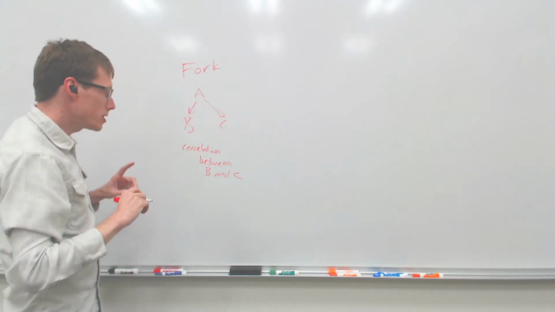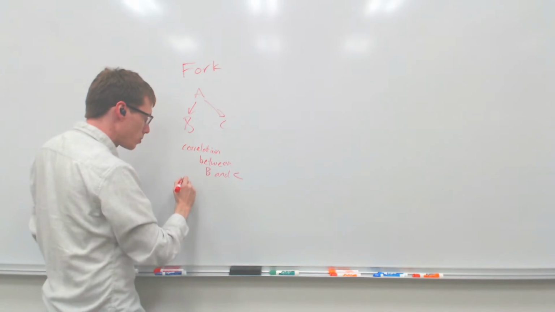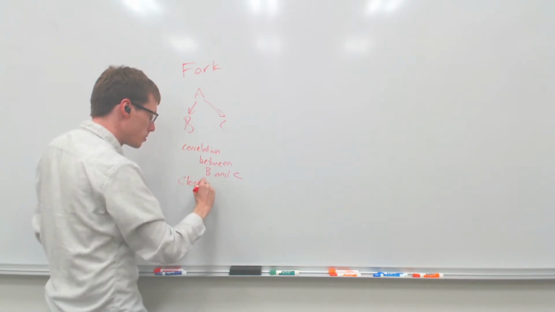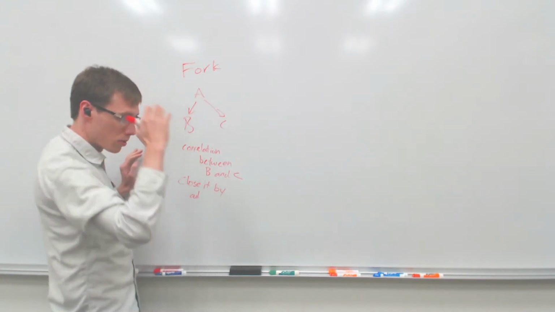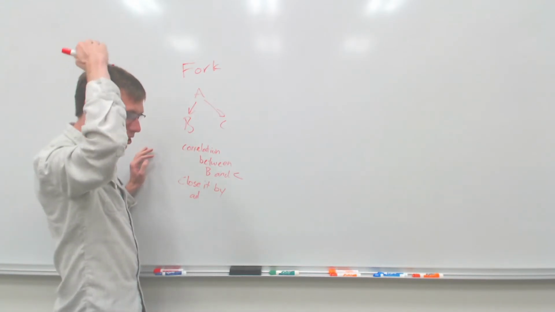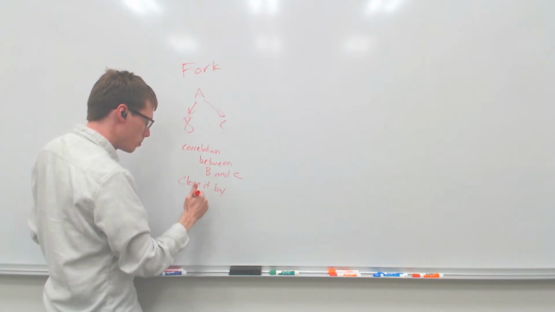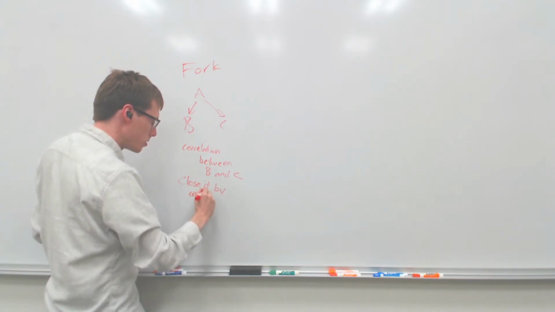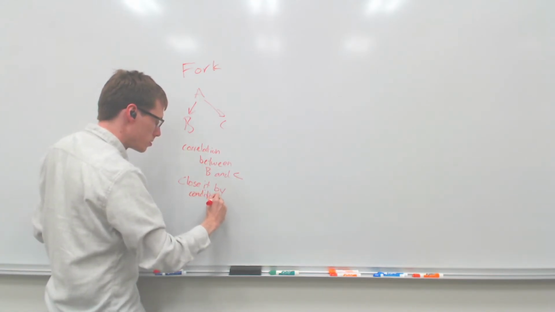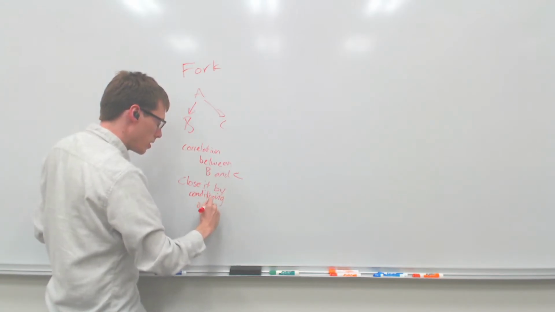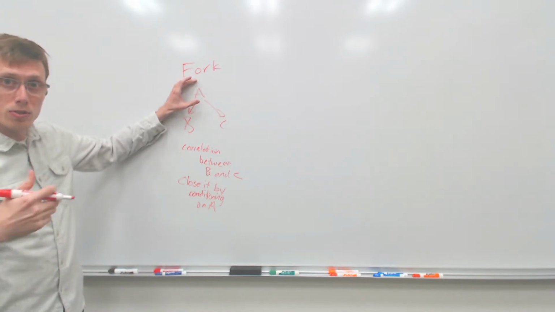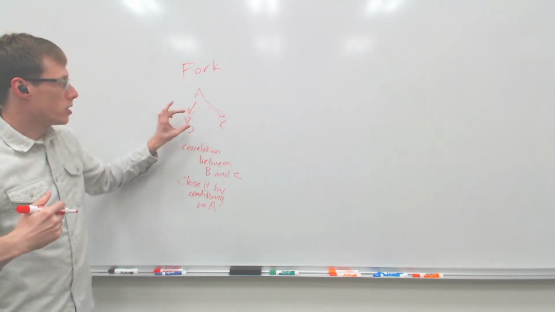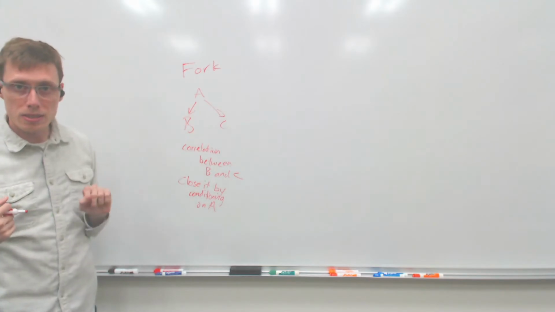And so in this case, you close the backdoor path by adjusting, or conditioning in general, as it's called, on A. So we say, given a certain level of A, if the temperature is fixed at 70, can we see any relationship between B and C?